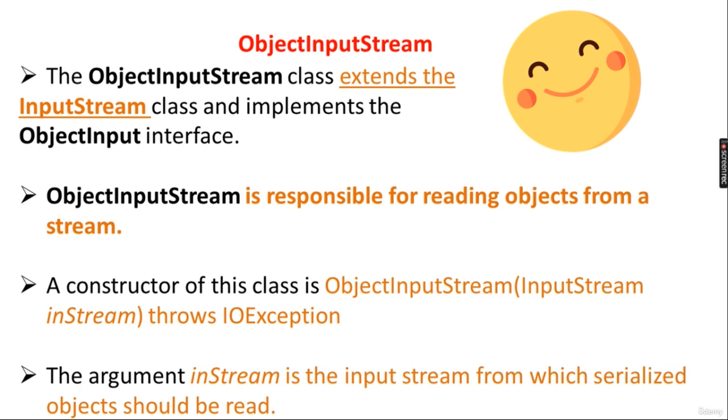The ObjectInputStream class extends the InputStream class and implements the ObjectInput interface. ObjectInputStream is responsible for reading objects from a stream. The constructor is ObjectInputStream, and we pass an InputStream object, and it throws input output exception. The argument inStream is the input stream from which the serialized object should be read.